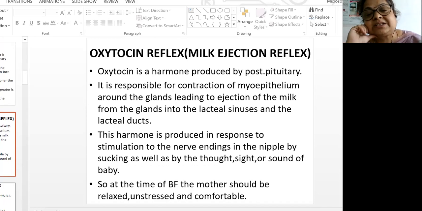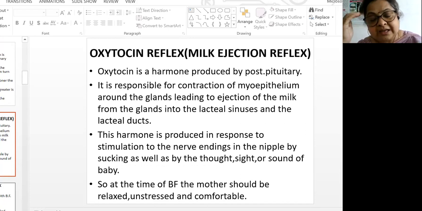Now, the second reflex is the oxytocin reflex or milk ejection reflex. Oxytocin is a hormone produced by the posterior pituitary. It is responsible for the contraction of the myoepithelium around the glands, leading to the ejection of milk from the glands into the lactiferous sinuses and ducts. This hormone is produced in response to the stimulus to the nerve endings of the nipple by sucking of the baby, as well as by the thought, sight, or sound of the baby.